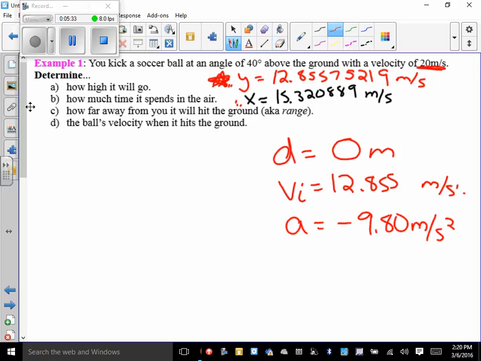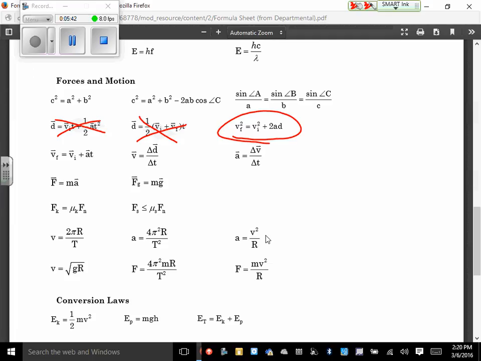So is there some formula that has time, acceleration, initial velocity, and displacement? Let's look at this first one: displacement, initial velocity, time, acceleration. Well, there's one, but there's no acceleration in this one, so we're not going to use that one.